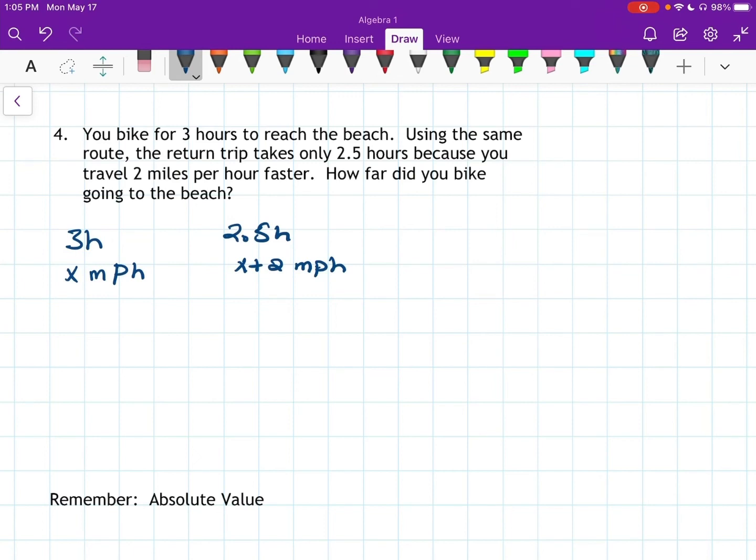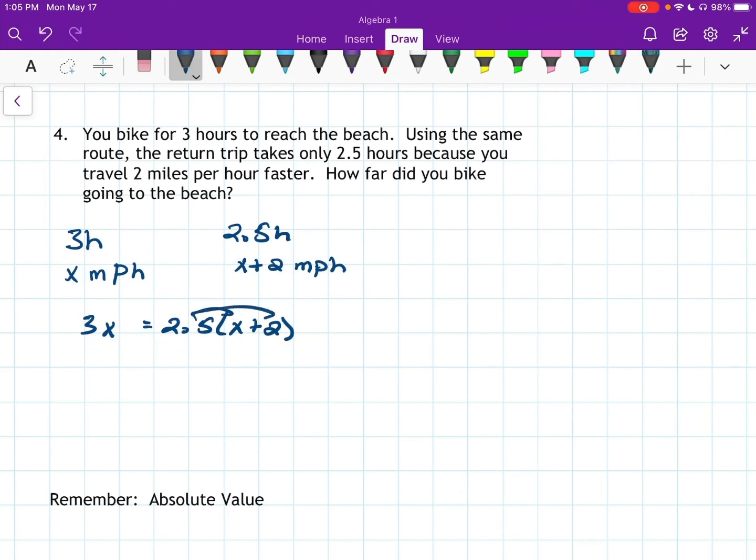So let's set those equal to each other, because hopefully there wasn't a massive earthquake that shifted the ground. So it should be 3 times x equals 2.5 times x plus 2. What we're writing there is distance equals distance. The distance there equals the distance back.